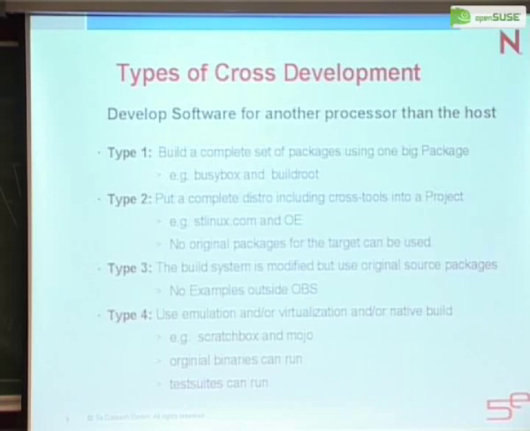We started with experimenting with what I call a type 1 cross-build environment. That means you put together something like BusyBox or Buildroot, all in one. That was also our first experiment, and build your complete system in one bunch.